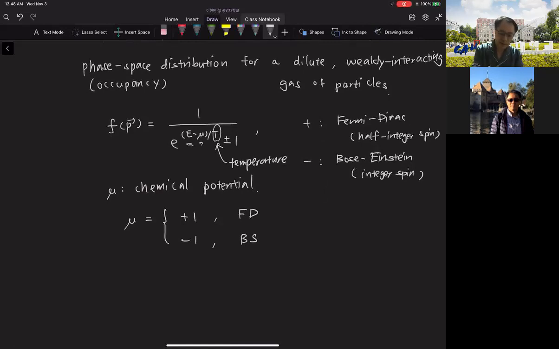And because it is weakly interacting, this energy can be approximated to just the energy for free relativistic particles in general. So you only have to know the mass of the particle, then the phase space distribution is fully determined.